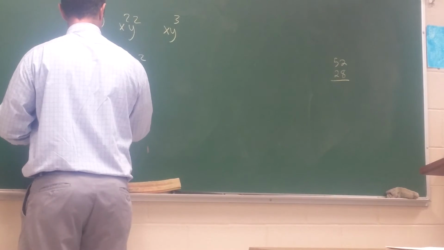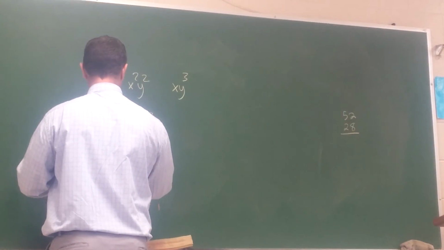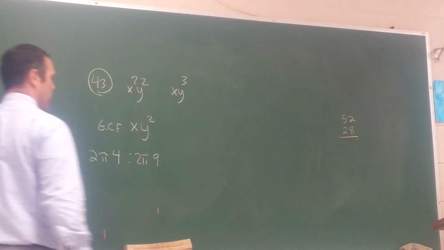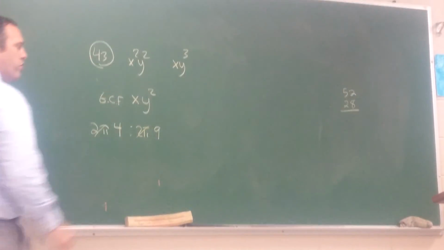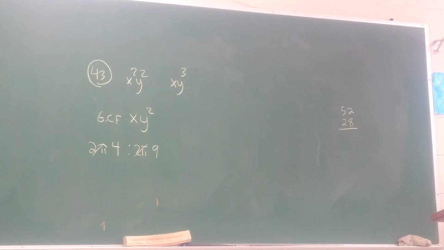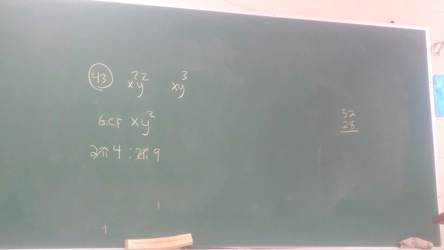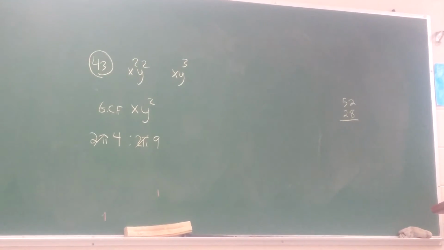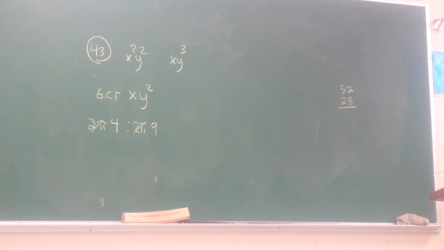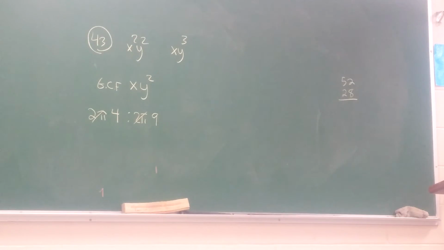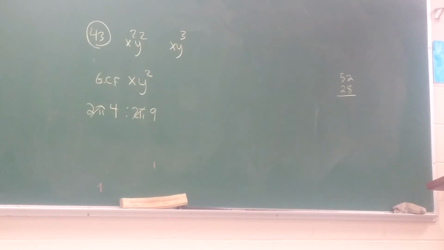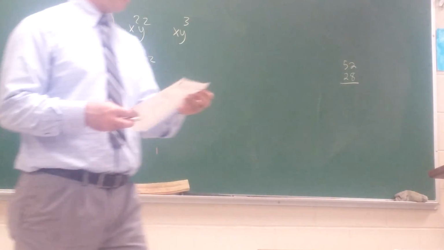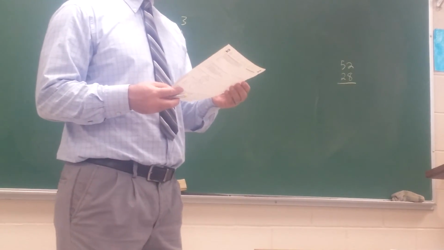So if you did 2 pi times 4 over 2 pi times 9, well, the 2 pi's cancel and the ratio would just be the same. I didn't even do that, because the ratio just stays the same. The ratio is still going to reduce. Now, if it was area, it would change. Whenever you square, you'd have to square the radiuses to determine the ratio if it said area. Circumference would stay the same, but area would change.